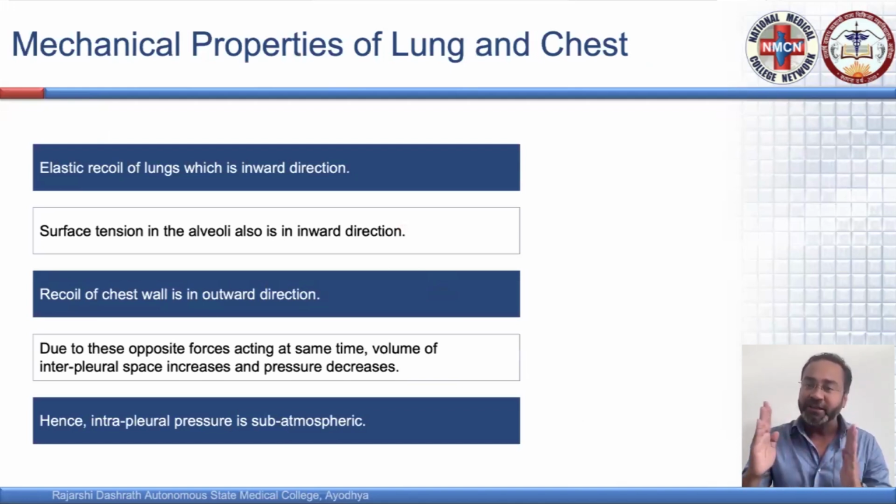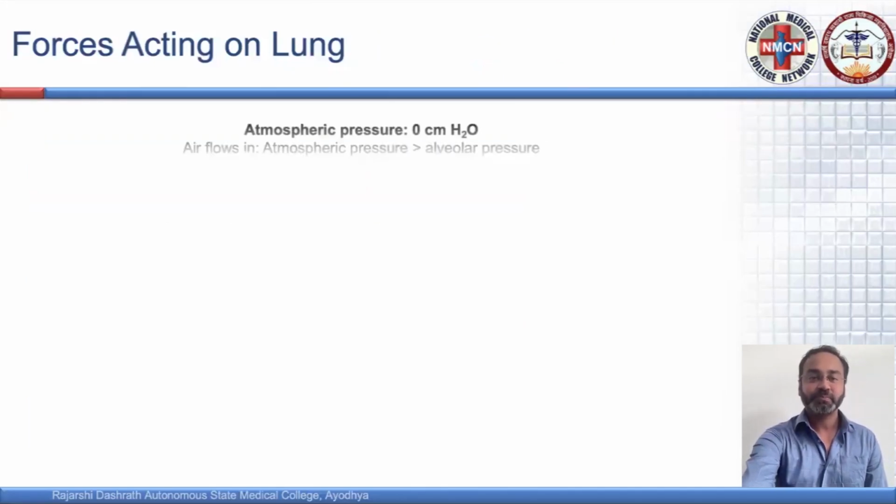Because the volume increases, the pressure has to decrease. This is Boyle's law, which states that pressure times volume is equal to a constant. So if the volume increases, the pressure will go down. That's why the intrapleural pressure is subatmospheric, which is -4.